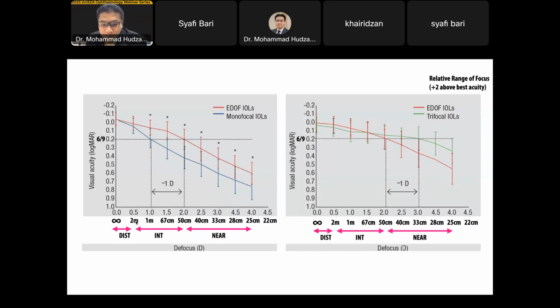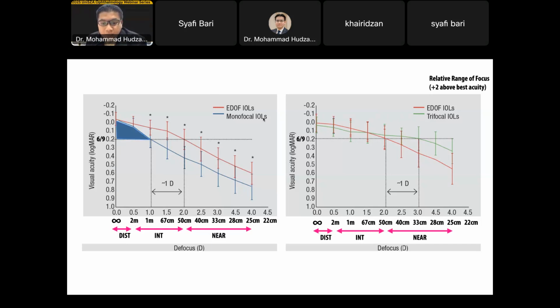So at 0.5, for example, vision at 2 meters, and so on and so forth. The plot on the y-axis is logMAR vision. Basically, this is where the line is 6/9 for good vision. For example, in this case, they put 6/9 as a clear vision.